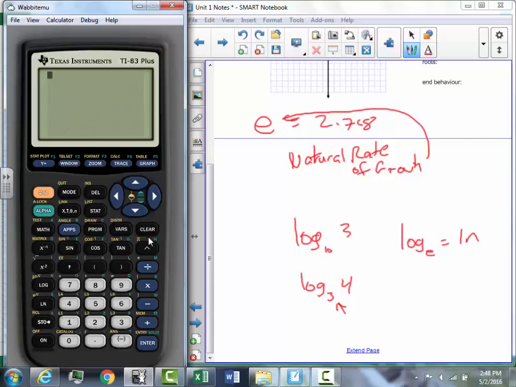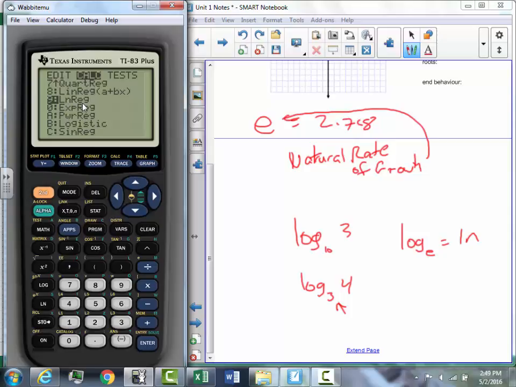Here's where this matters to you. You know how we can do data and you can do stat, calculate, and you can go down and do a logarithm? You should be able to do linear, quadratic, cubic, quartic, and then eventually get down to exponential. Some people think that they're supposed to do logistic for logarithms, and that's actually not what it is. If you need to do a logarithm, we always do this one right here, ln reg.